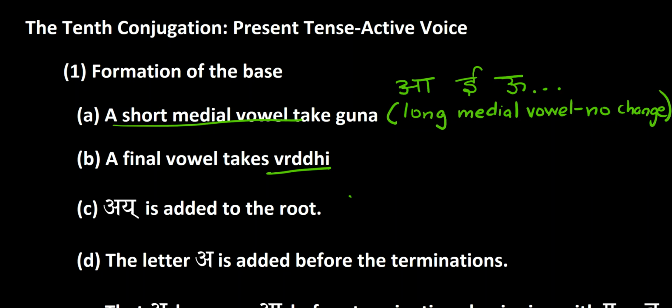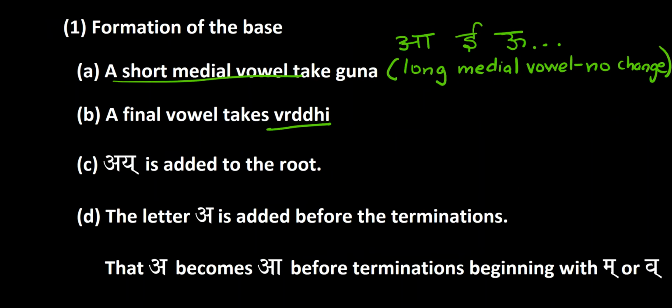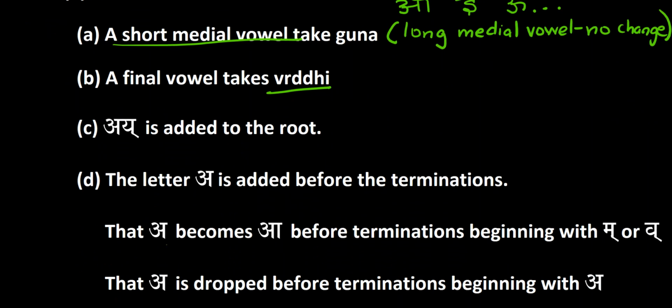Now, in the fourth conjugation, ya with a halant is added. The pronunciation for the root is going to be completely different than that in the fourth conjugation. So it's important not to confuse what gets added in the 10th and the 4th. For the 10th it is i, for the 4th it's ya. Then after adding i to the root, the letter a is added before the terminations, and that becomes long a before the terminations beginning with ma or va, just like we have seen in the previous conjugations.